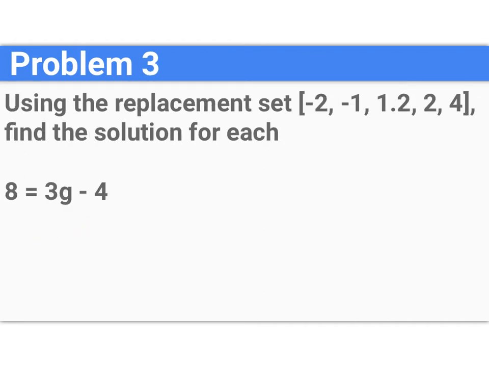3. Using the replacement set, find the solution for each. So what I could do is just stick -2 into here. 3 times -2 minus 4. 3 times -2 is -6, minus 4 is -10, which is not equal to 8, so that doesn't work. 8 equals 3 times -1 minus 4. -3 minus 4 is -7.